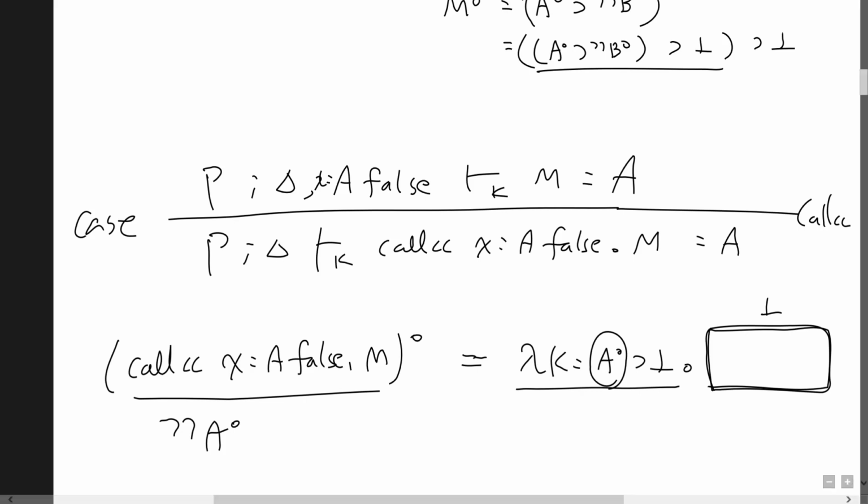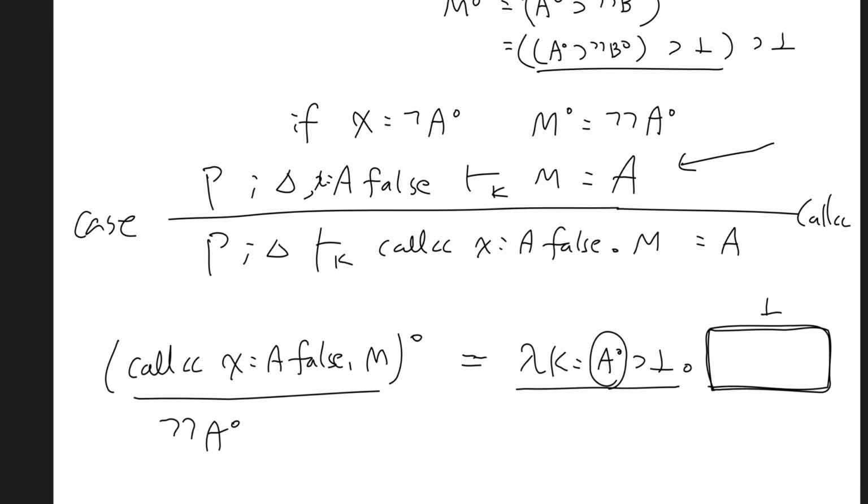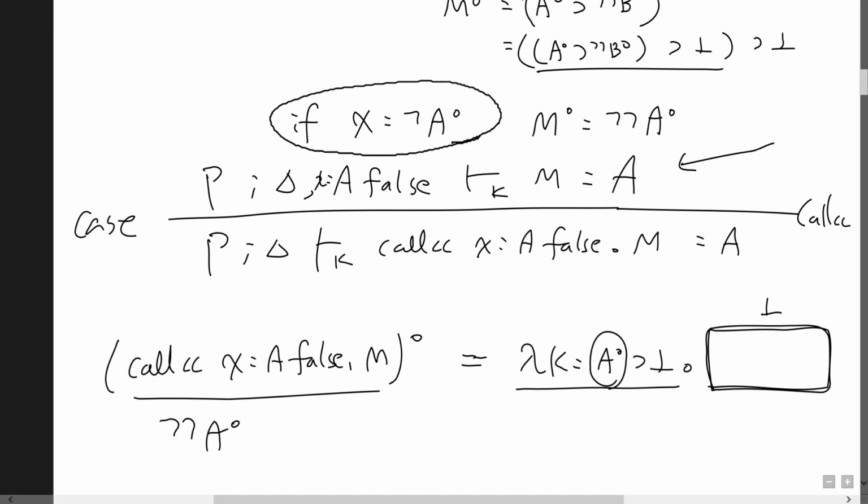But from the premise, or by the induction hypothesis, M circle has type double negation A circle if x has type negation A circle. So under this extended context, M has double negation A circle.